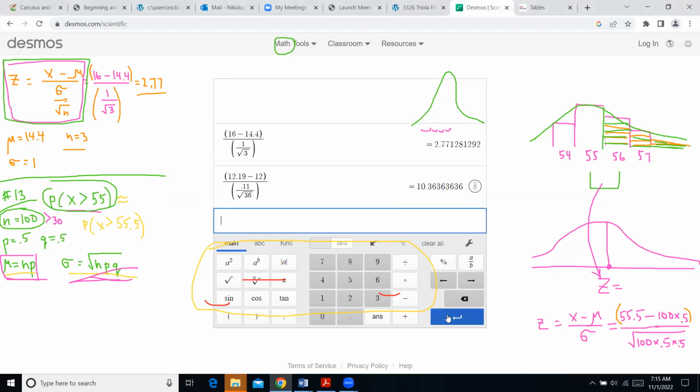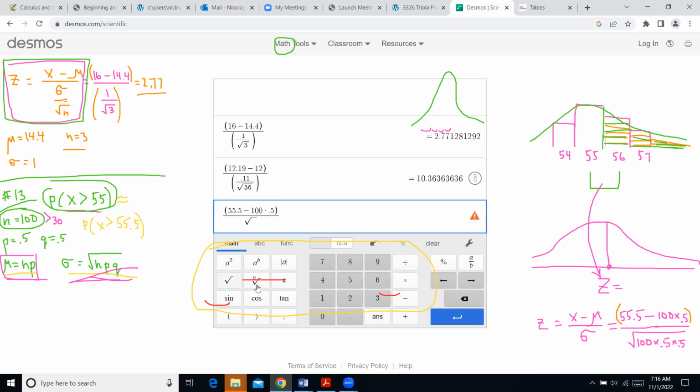So I'm going to go with this numerator, 55.5 minus 100 multiplied by 0.5 in parentheses, and then divide this by the square root extracted from 100 times 0.5 times another 0.5, just like that. So we've got some particular z-score, which is 1.1, and we know how to finish up with it, don't we?